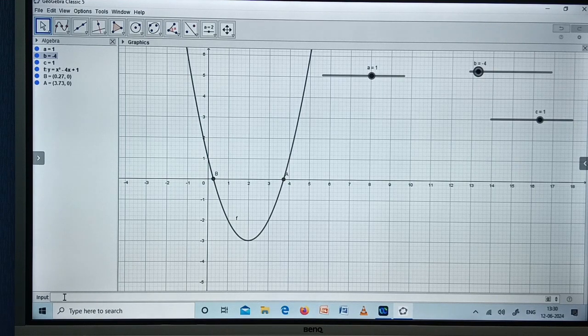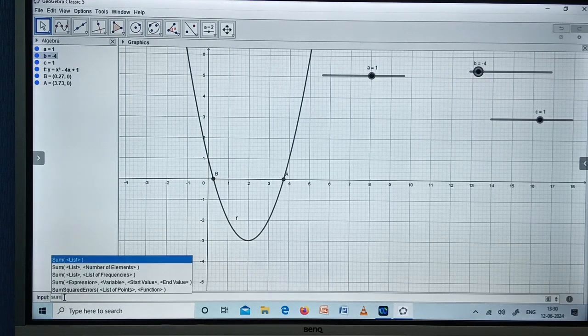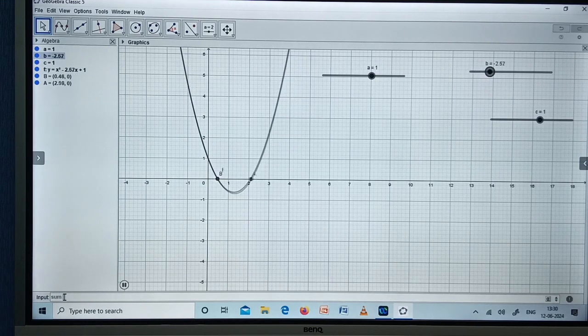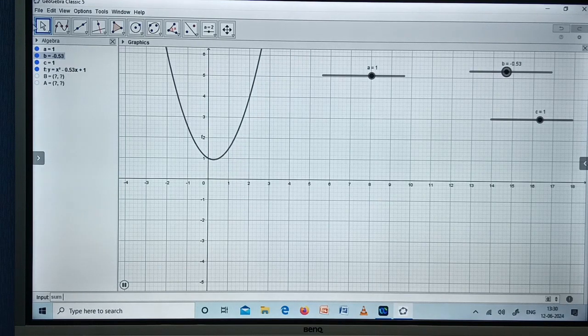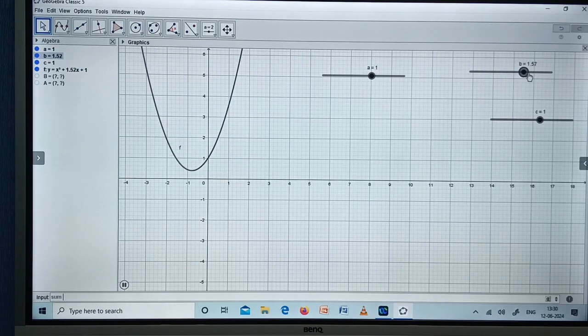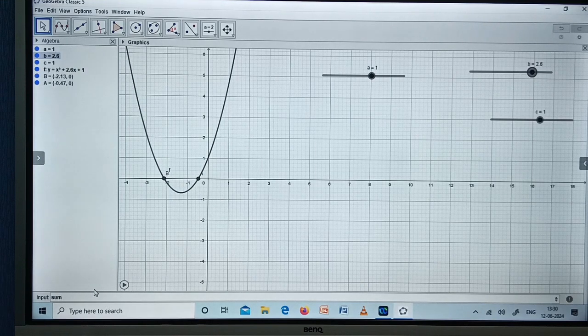Now, in the input box, I am going to type sum. Let me move this B. Now in the input box, I'm going to type sum equal to, what are the roots?